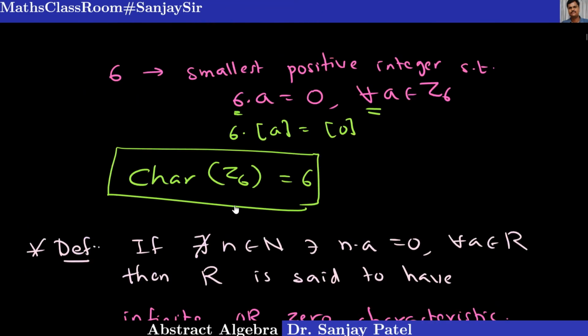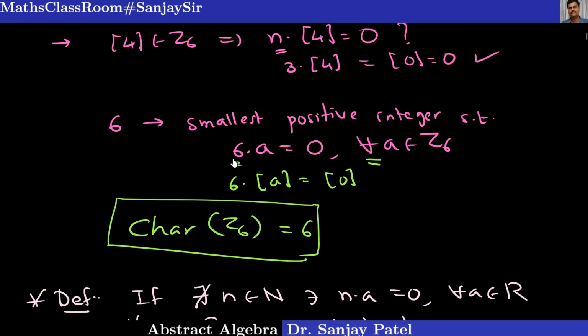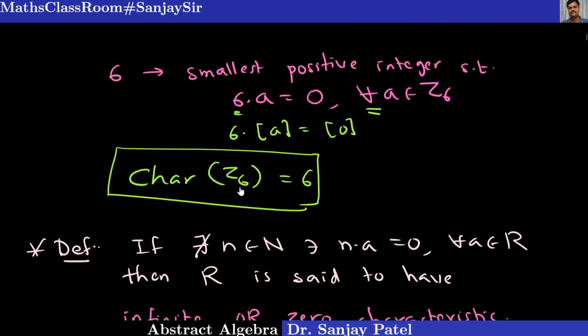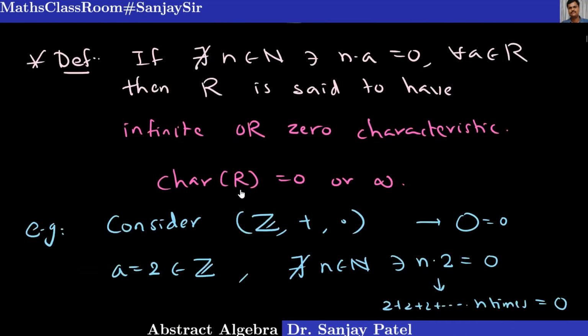there is nothing special about this Z6. You can take any ring of the type Zn and you can show that the characteristic of Zn is always n.